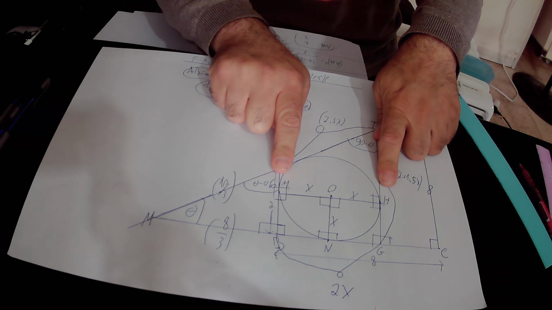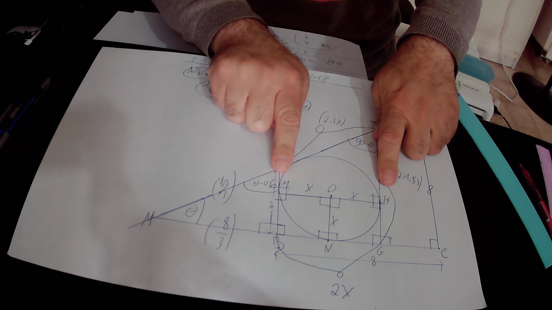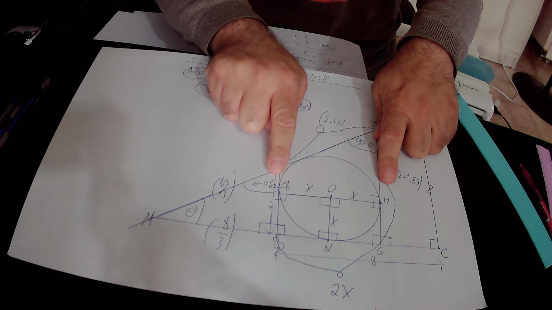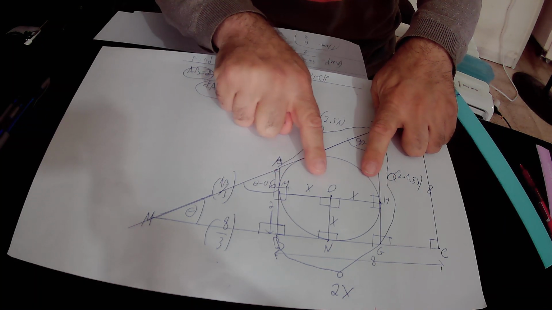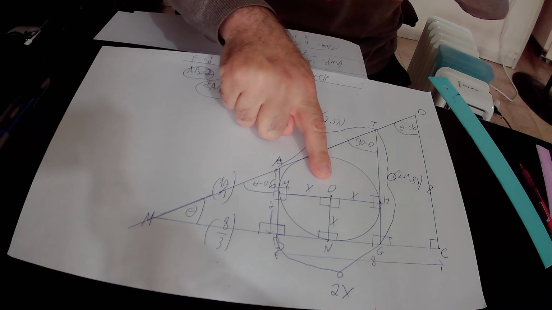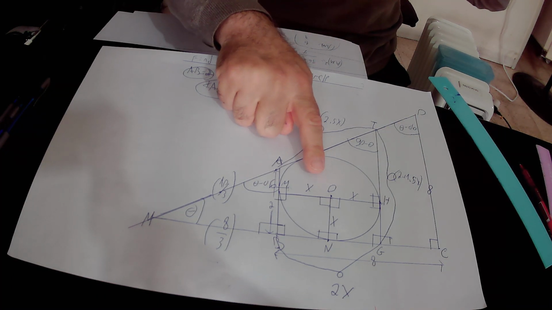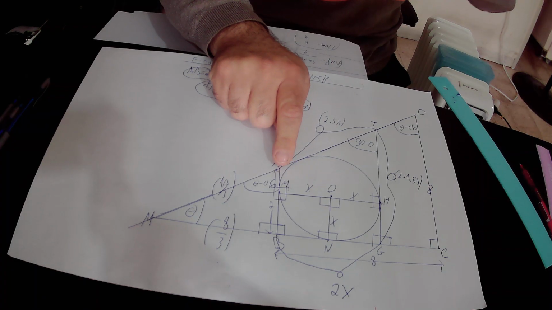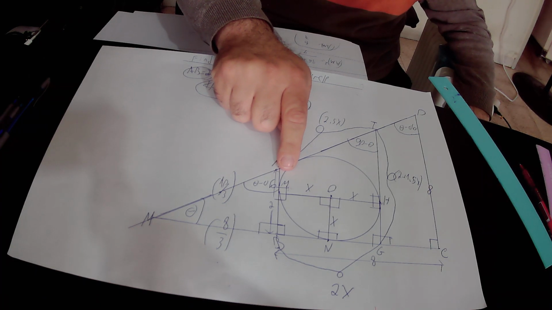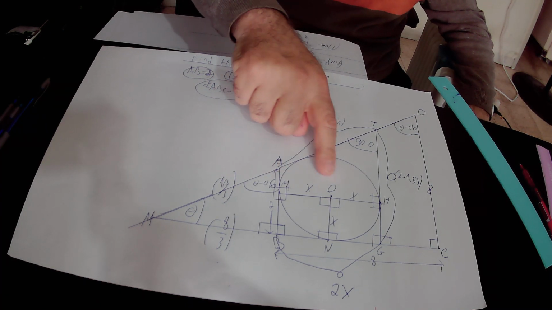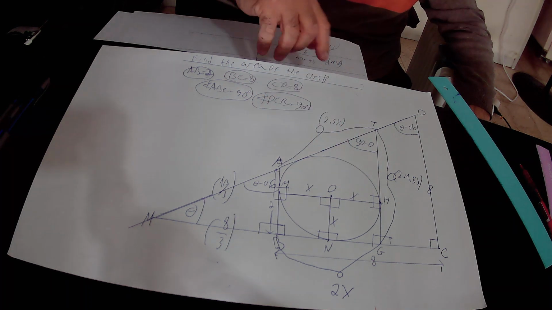If MOH is a straight line, then MH is also a straight line. But MH touches the circle at points M and H. Therefore, MH is a chord that passes through point O, that is the center of the circle. Any chord that passes through the center of the circle must be the diameter of the circle. Therefore, MH is the diameter of the circle.